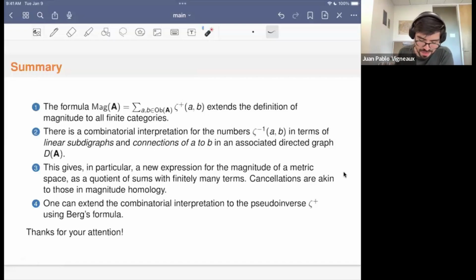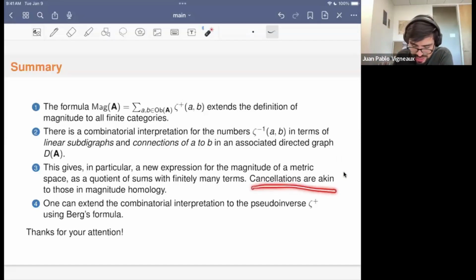I just presented a new definition of the magnitude in terms of the pseudo inverse, which poses the question of, okay, can we find a general interpretation for this formula as Rota did for his simpler theory? At least we can do it for the true inverse, and then we get this formula in terms of linear subgraphs and connections. This in particular gives a new expression for the magnitude as a quotient over finite sums.